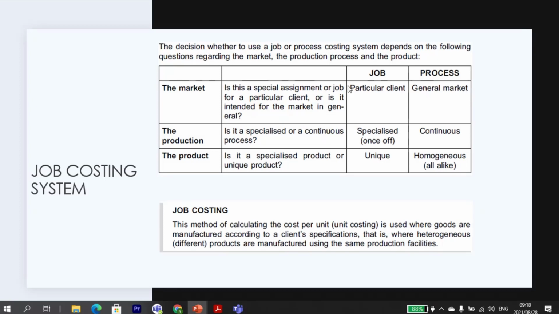So an example would be, I'm just going to use cars. Let's say Lamborghini: I go to Lamborghini and say that I want a pink Lamborghini and I want the seats to be orange. I'm being a bit extra, but just picture that.